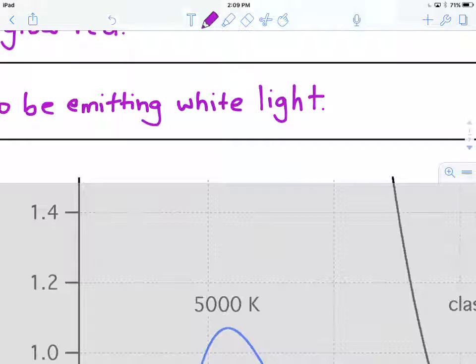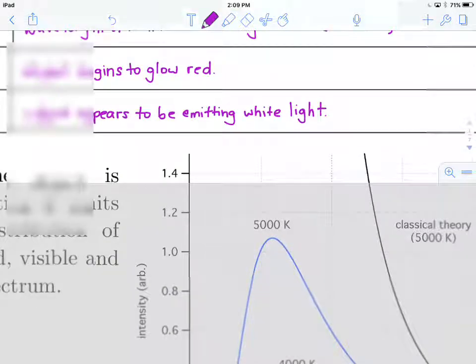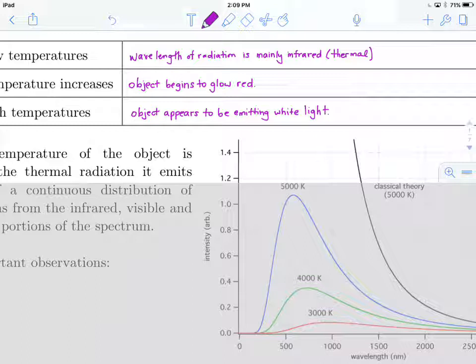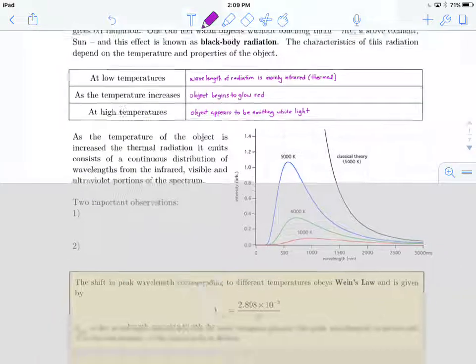A good example of this, because this doesn't happen with a stovetop, hopefully, is in grade 9, when you burned that magnesium metal in the Bunsen burner flame. It got really bright really, really quickly, so the object appears to be emitting white light.